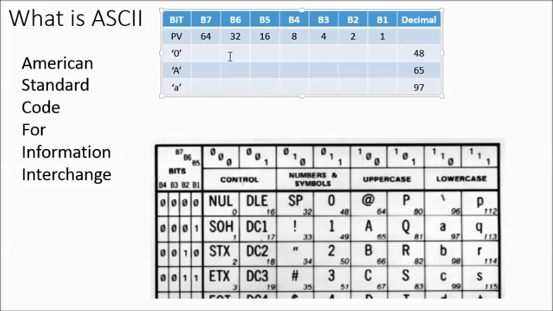And the first code that we actually hit, that is what we call a printable character, is the space, which is 32. And that has the value 0, 1 in binary. And there we go, that would represent 32. 32 is the character representation for space.